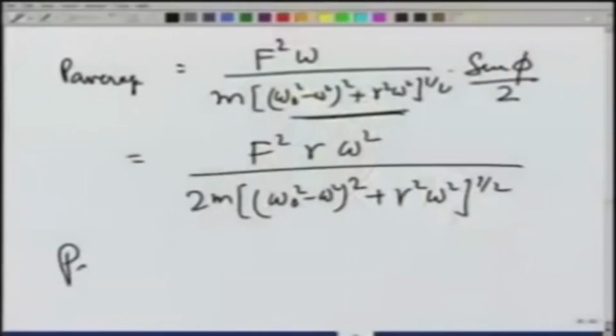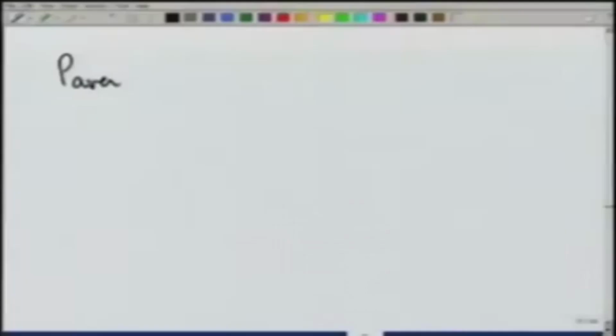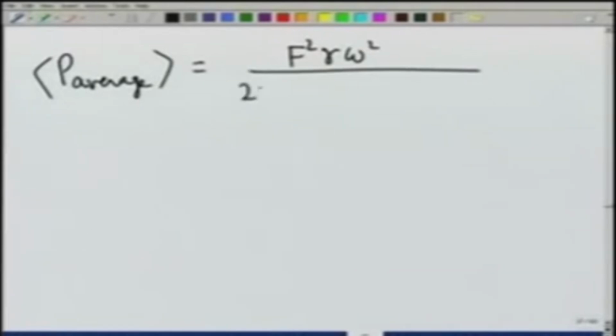So, power supplied is equal to power lost, as must be the case for the steady state motion to sustain itself. So, we find that P average supplied or lost is equal to f square gamma omega square over 2m times omega naught square minus omega square plus gamma square omega square.